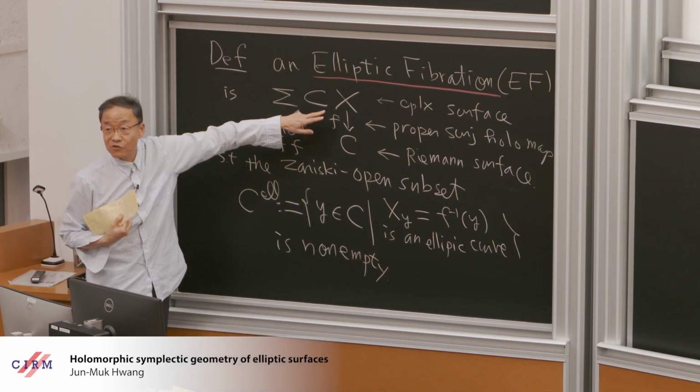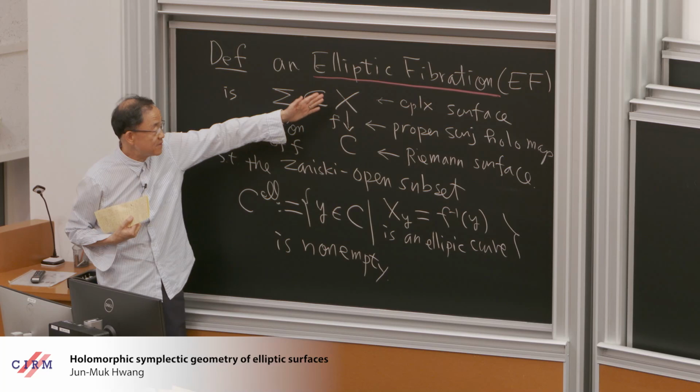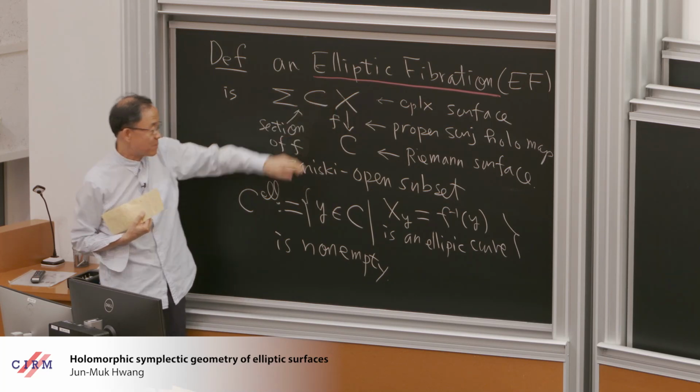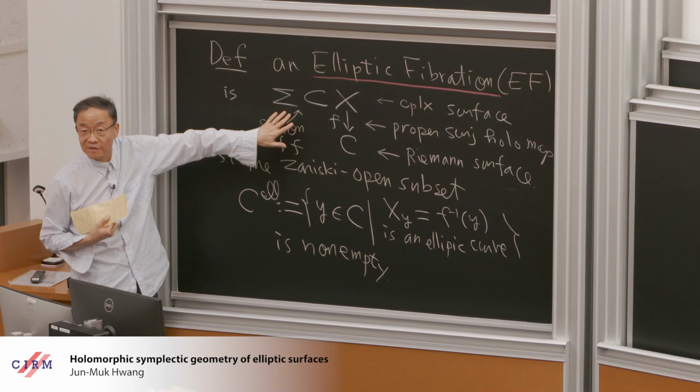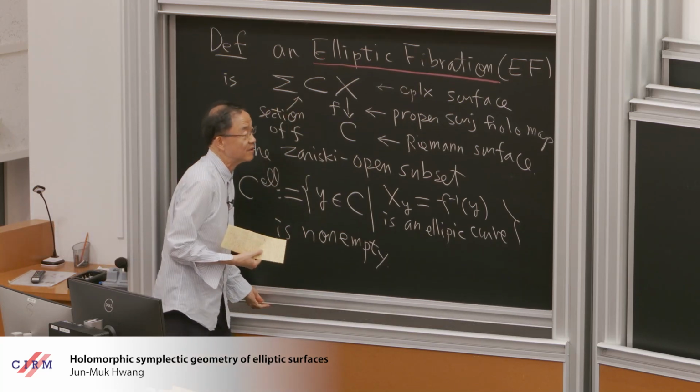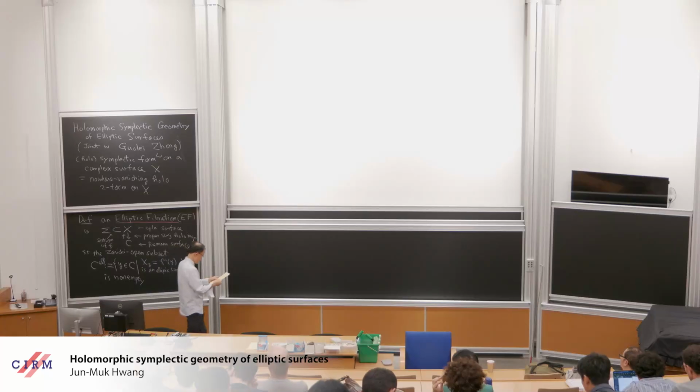So it's a fibration of a surface over a Riemann surface such that general fibers are elliptic curves. And we assume there's a section to simplify the theory.